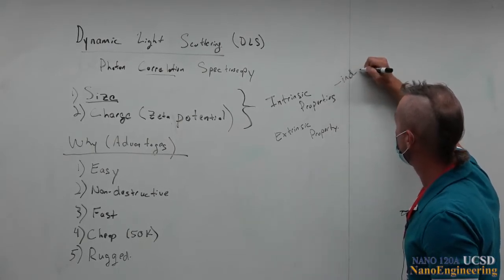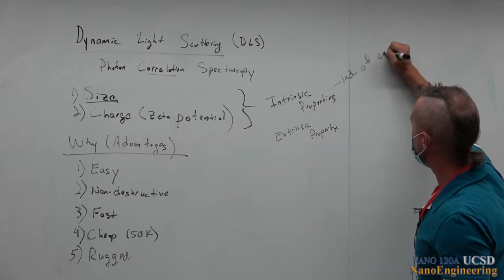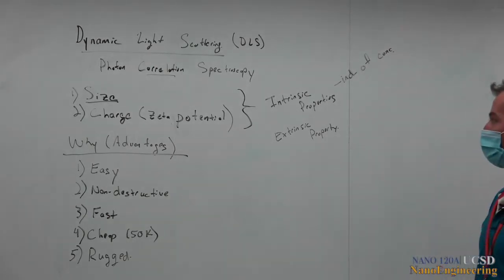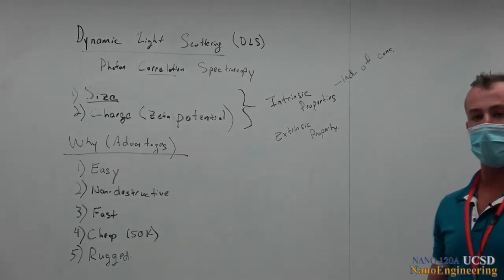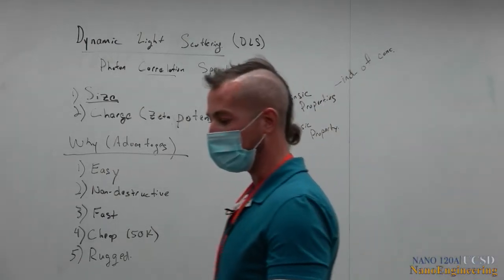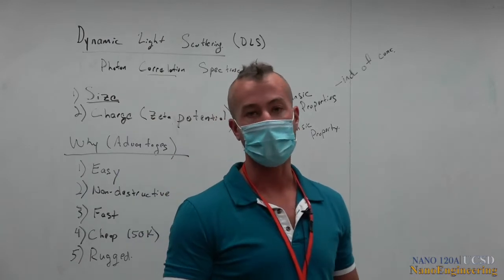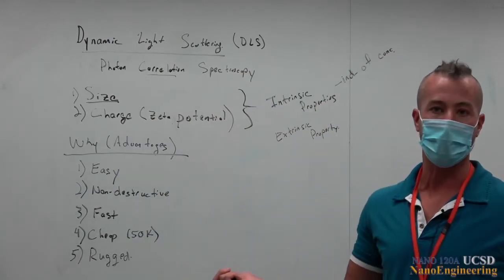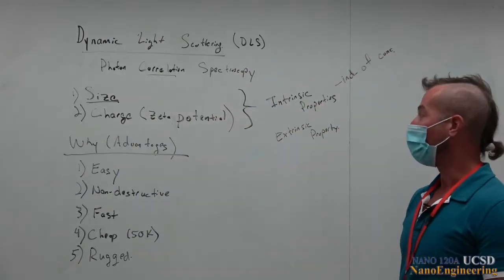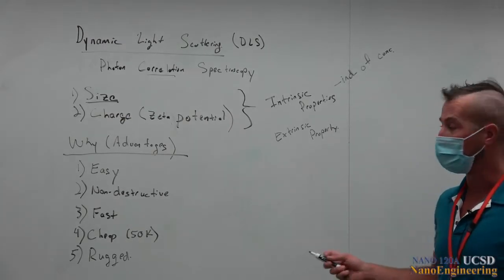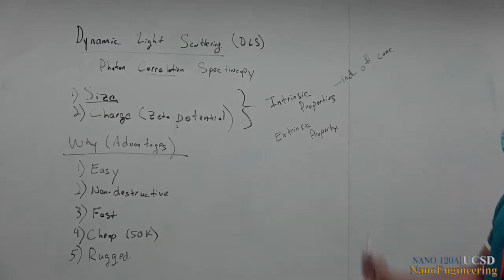Independent of concentration. So this would be something like density, right? Density of water is the same whether you have a gallon of water or a milliliter of water, right? The density is 1 gram per cubic centimeter, right? Whereas the weight would be an extrinsic property, okay?